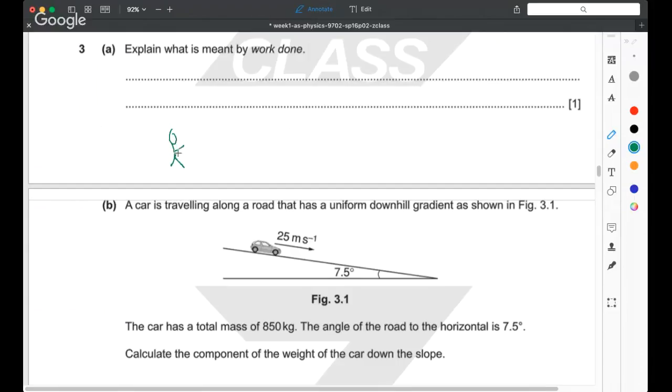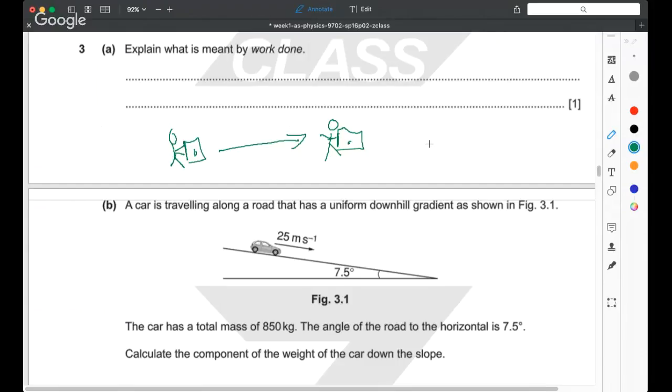When the force moves in a direction, say you carry a box and move it from one place to another, you have done work.